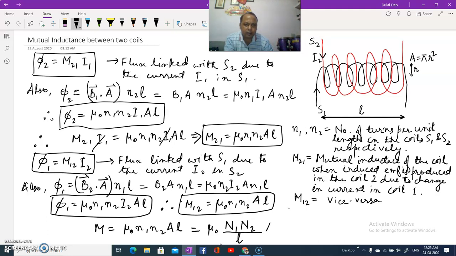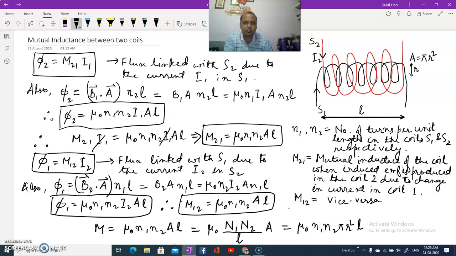So only A will be left. Or we can also write mu naught N1 N2. The value of A is pi r square, so we can write it in terms of radius also.